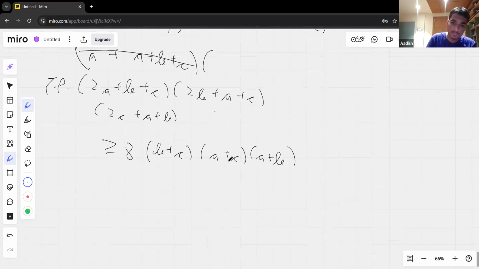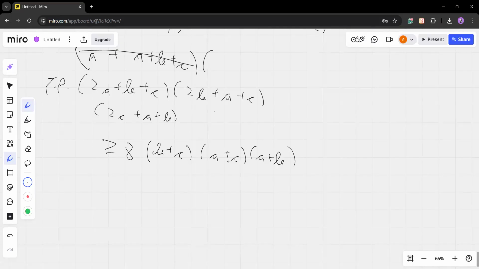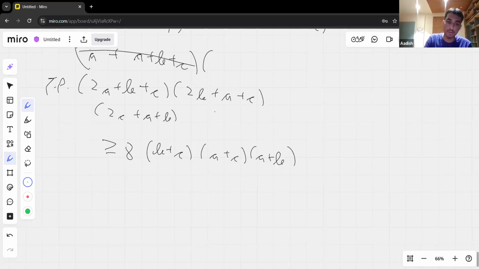Now the second thing you want to do is change variables. Here it's still very unclear what you want to do. This is still a very weird inequality. We have no idea how to prove this, right? But if you notice carefully, there is no instance of A, B, and C alone.